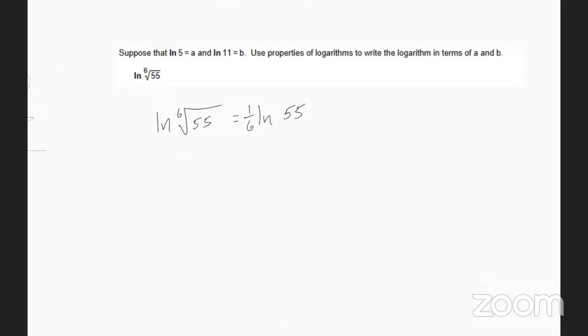And then I can rewrite that as 1/6 times the ln of 5 times 11. And I can rewrite that as 1/6 times the ln of 5 plus the ln of 11. Do you understand why? Yeah, because of the properties.